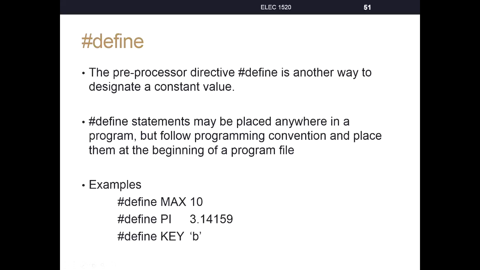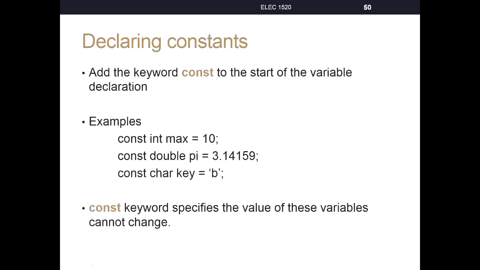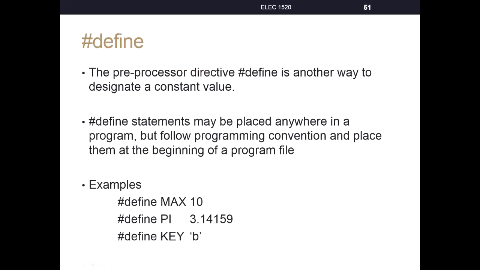If we want to create pi, pound define pi, and then here's how we give pi a constant value. Pound define key, and it's a character constant, so it's still surrounded with single quotes to indicate that it is a character. Similar to the const versions, we use the same names, but we didn't use the keyword const, did not use the assignment operator, and they don't end with a semicolon.